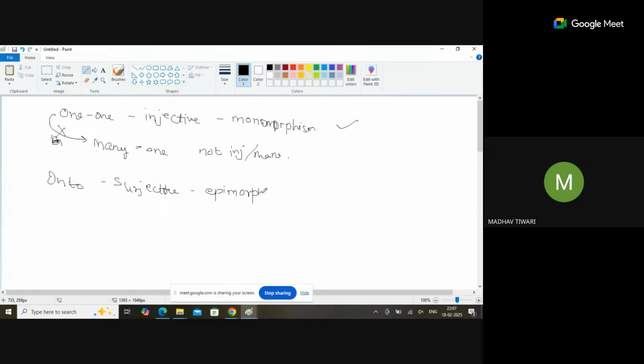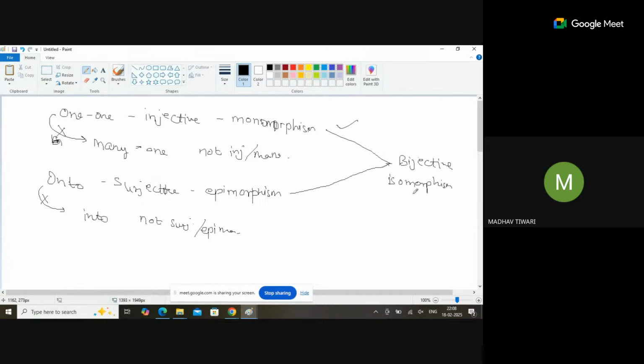These are the same thing. If it is not onto, then it is into, or you can say not surjective, or not epimorphism. If it is both one-one and onto, then you can say it is bijective, or isomorphism.